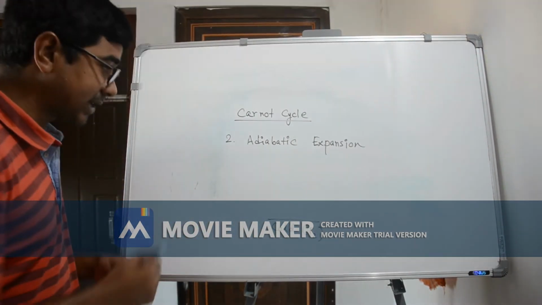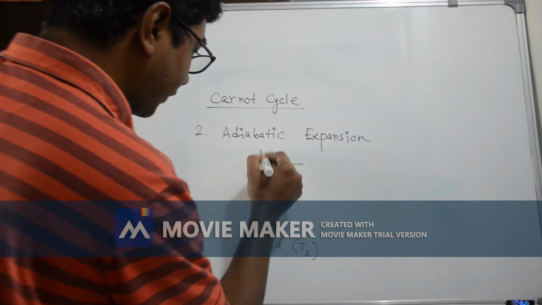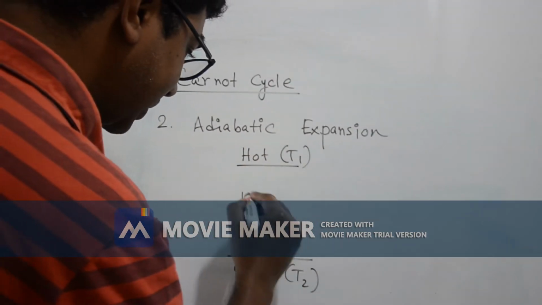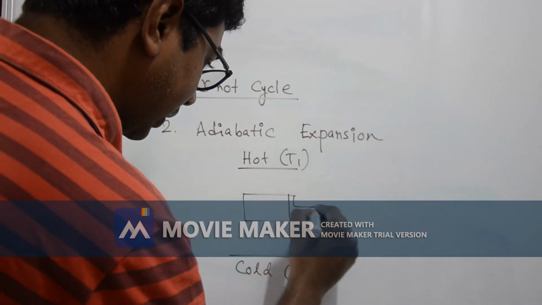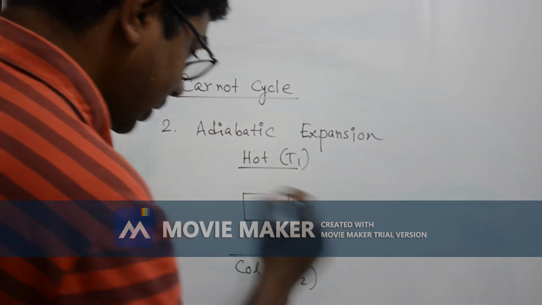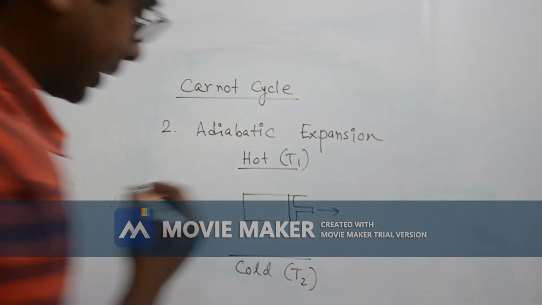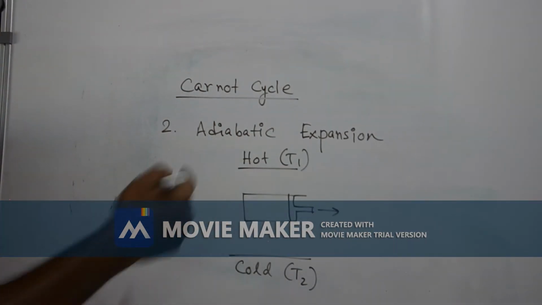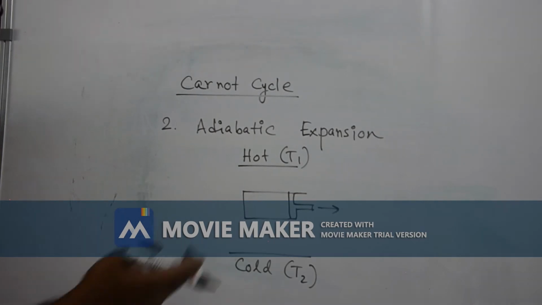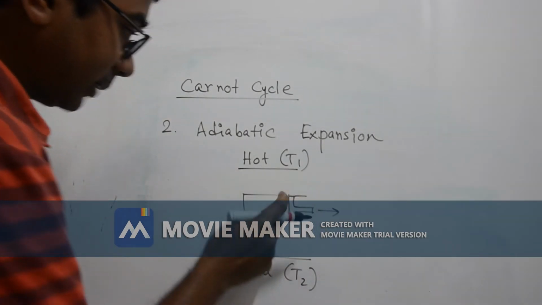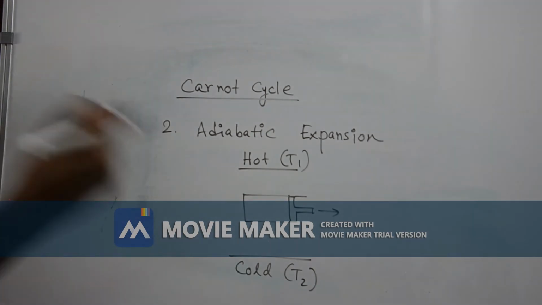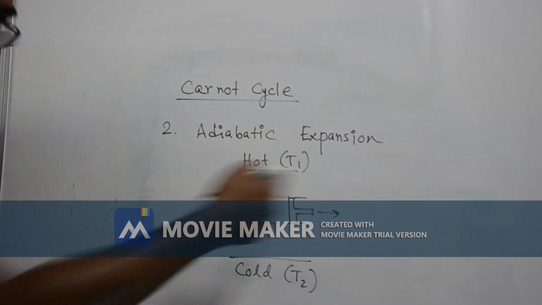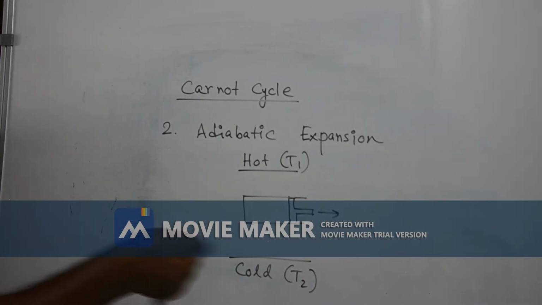So what is happening? Now the hot reservoir is being detached. The cylinder is somewhere here, and still it's being expanded like this. Initially it had a temperature T1. There is no exchange of heat that can come. Because the gas is expanding, it has to pay the price of the work, and that will come from itself.